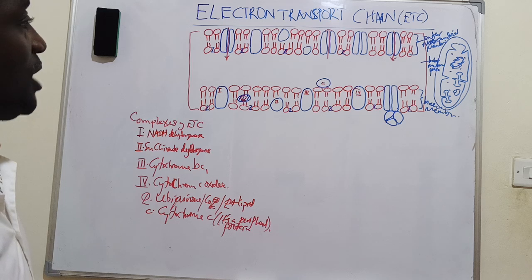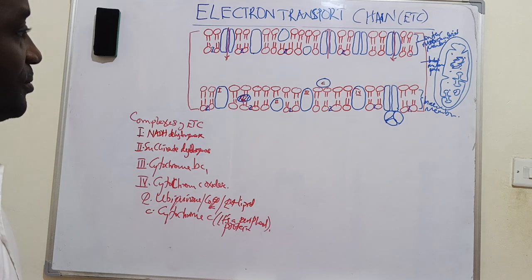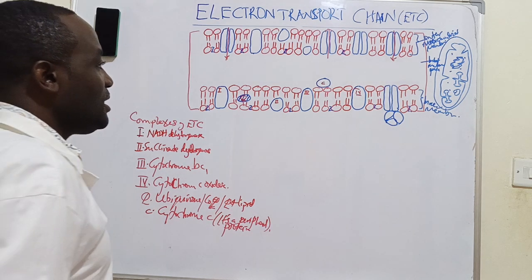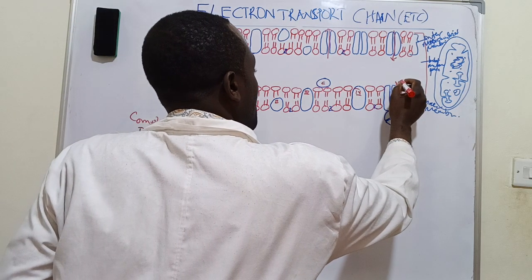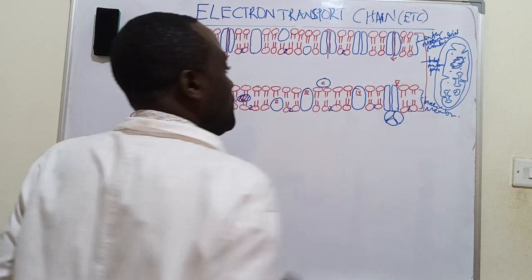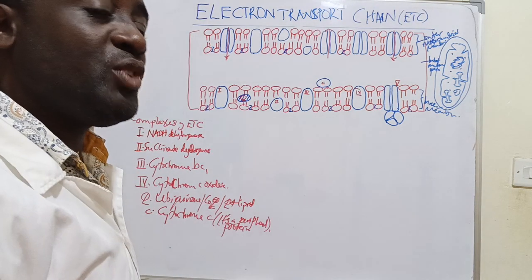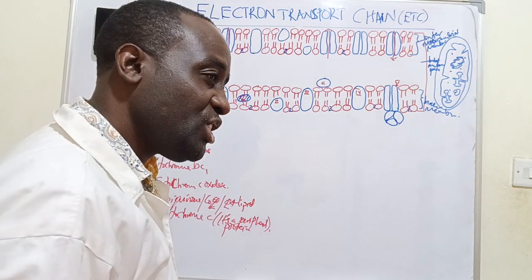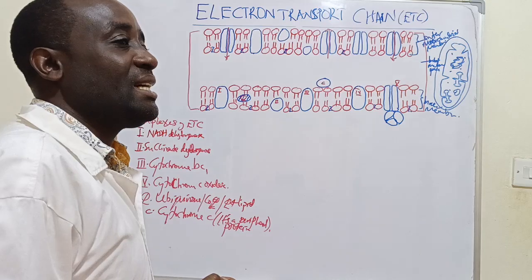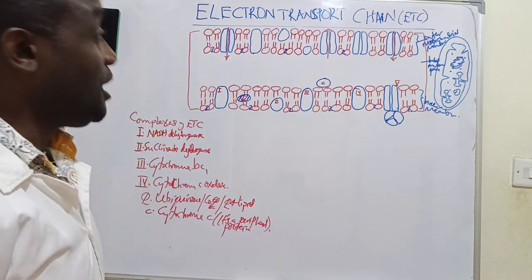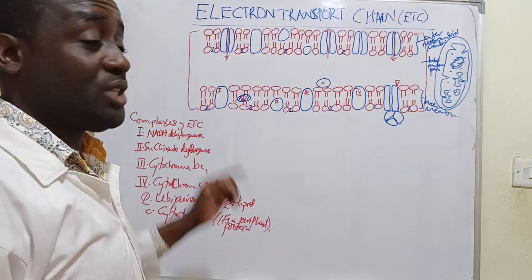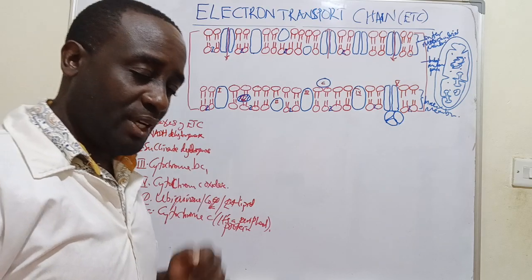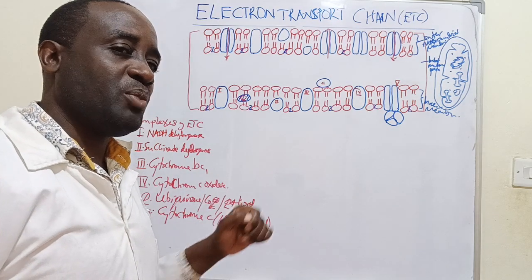Good. So now what happens is that there is a complex 5, but complex 5 is not part of the electron transport chain. Candidates, get me very well. Complex 5 is not part of the electron transport chain.